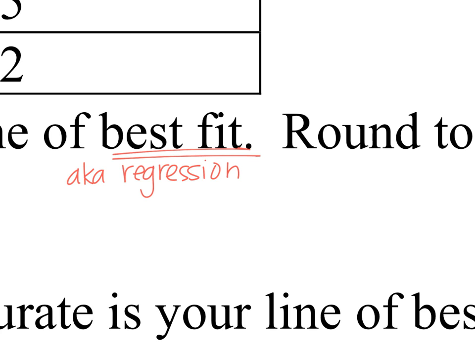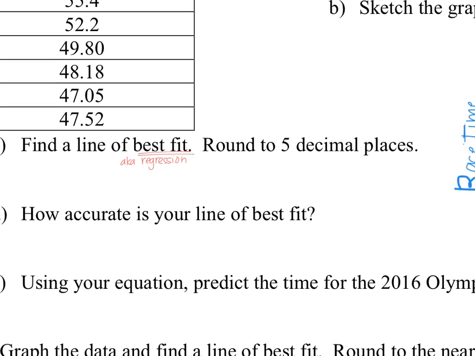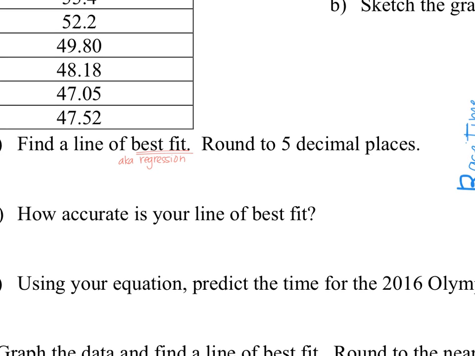Okay, so let's go back to your paper. We want to record this answer so we don't forget it. It says find your line of best fit, round to 5 decimal places. The line of best fit is the equation y equals ax plus b, but we were given a to be negative, and count 5 decimal places off of that they give you, so negative 0.16357.